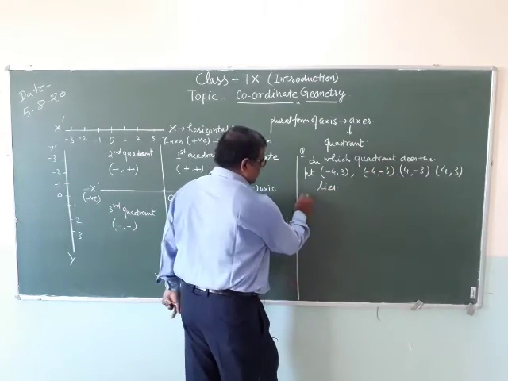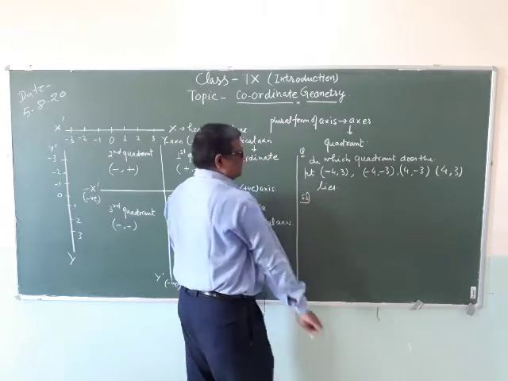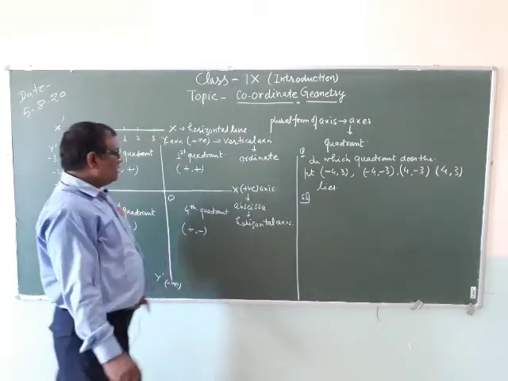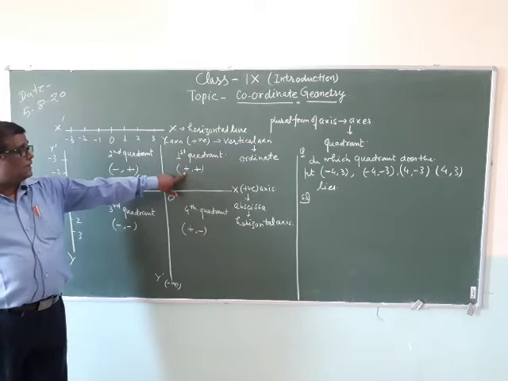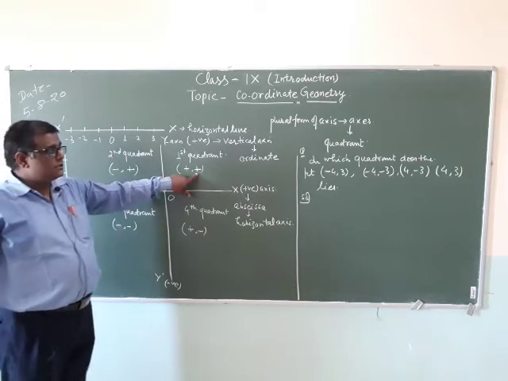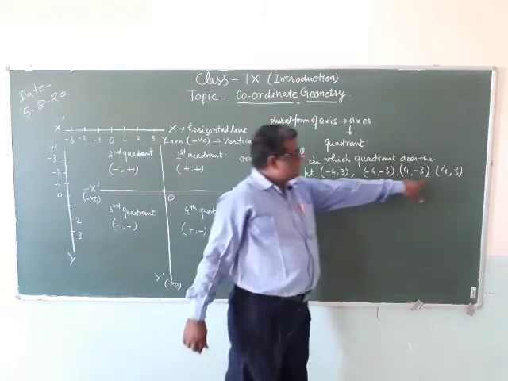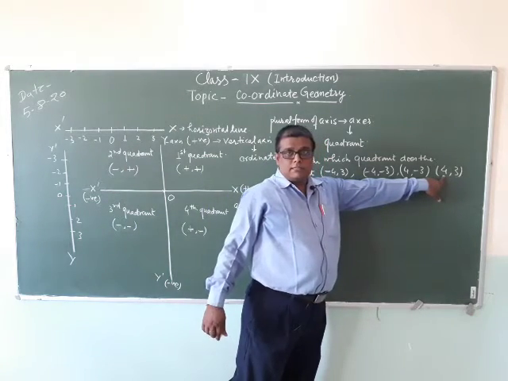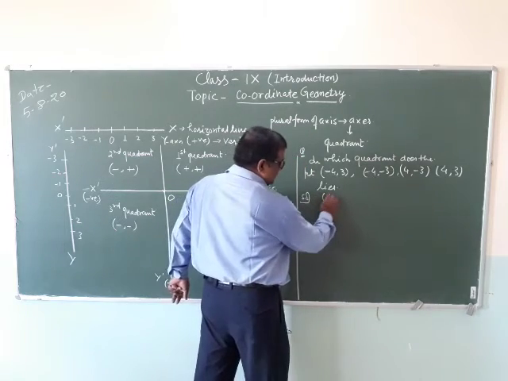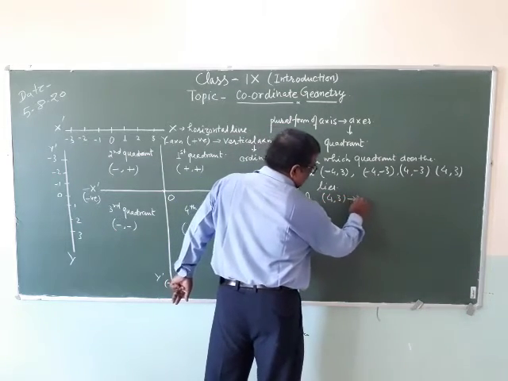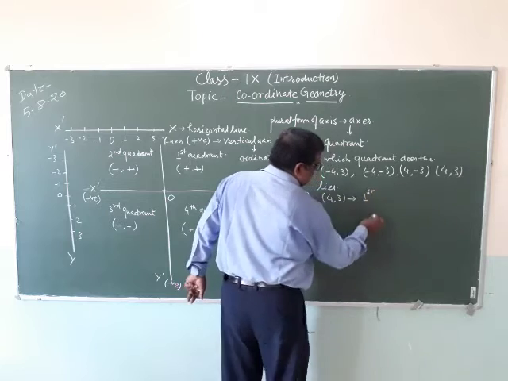First of all we look at the solution. Here look, both are positive, x is positive and y is also positive. Therefore (4, 3) lies in the first quadrant.